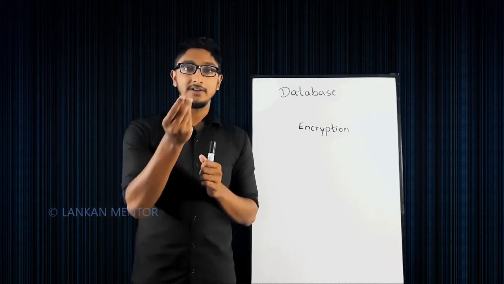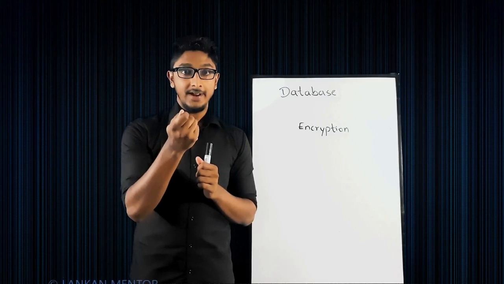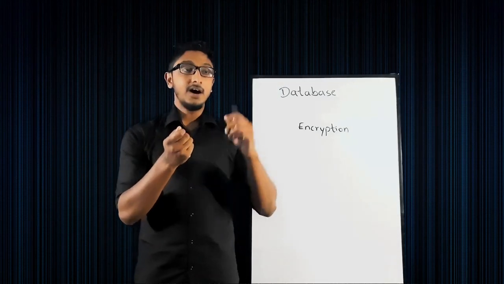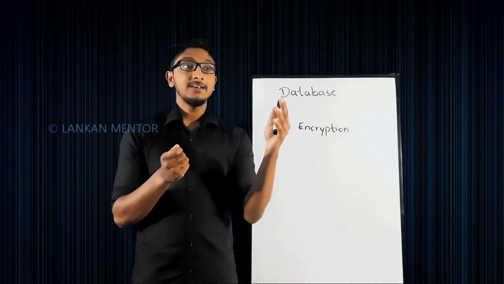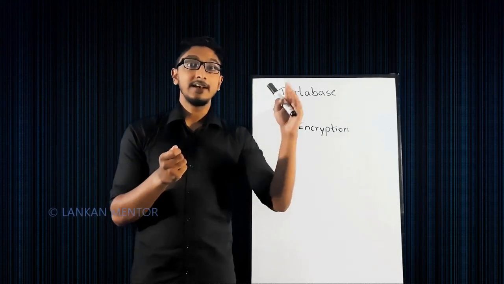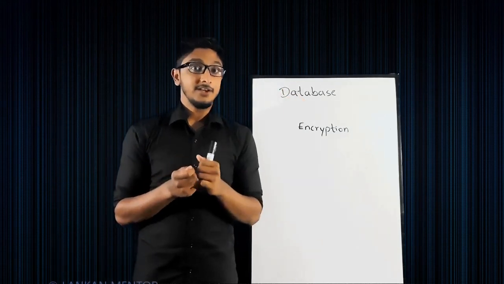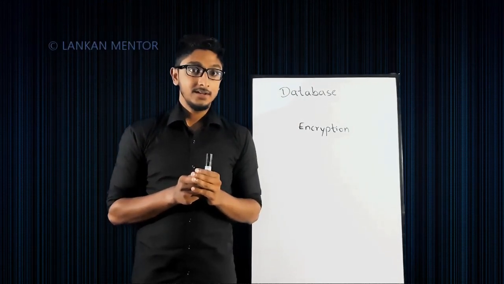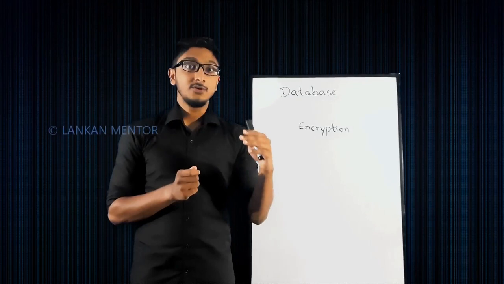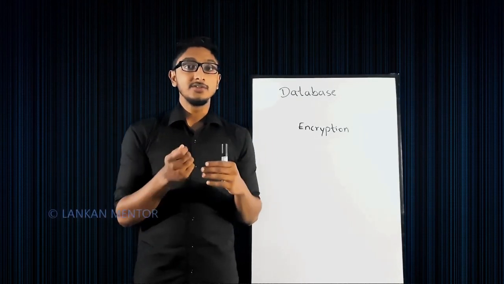You're holding the diamond ring in your hand. You ask the person who is going to Colombo whether he can deliver a parcel to Colombo. You're not saying what is inside the parcel. So if the person says okay, then what are you going to do?